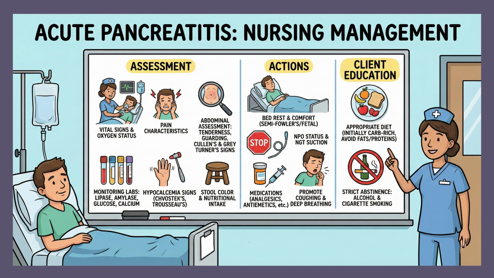Nursing actions include maintaining NPO status, managing NG tube suction, administering prescribed medication, analgesics, antiemetics, histamine blockers, sedatives, antispasmodics, promoting bed rest in the semi-Fowler or fetal position for comfort, and encouraging coughing and deep breathing to prevent respiratory complications.